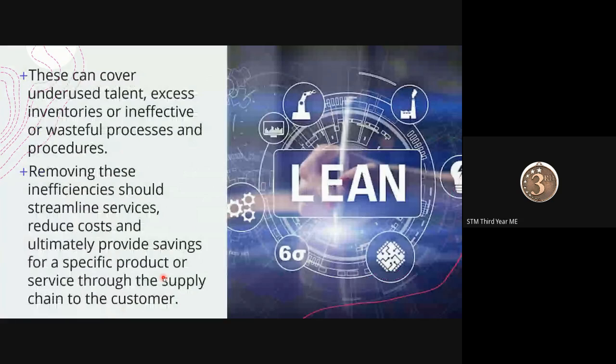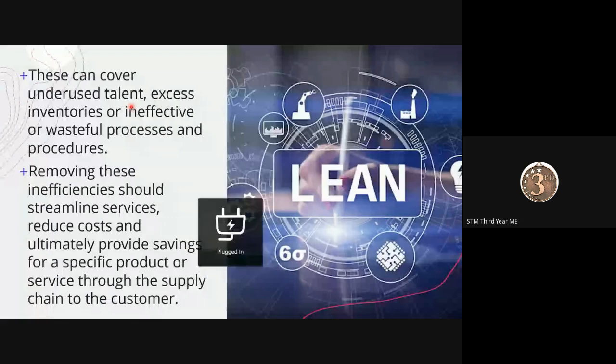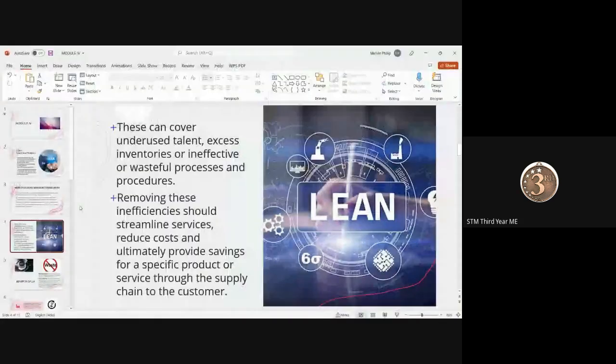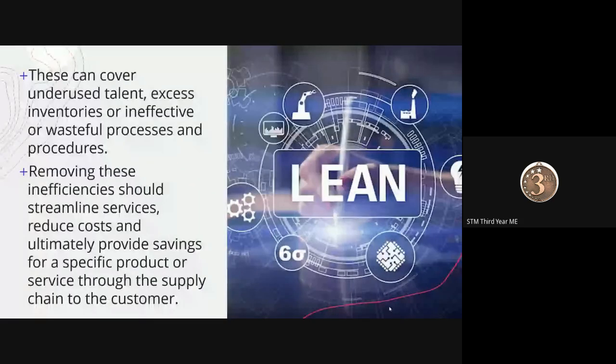Then this can cover underused talents, excess inventories, or ineffective or wasteful processes and procedures. So they cover underused talent. Some people may be skilled at certain work, and if you are not using those people for that particular work, then we are incurring much less production.